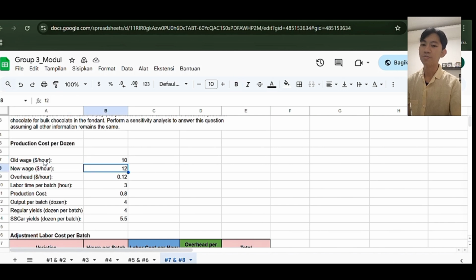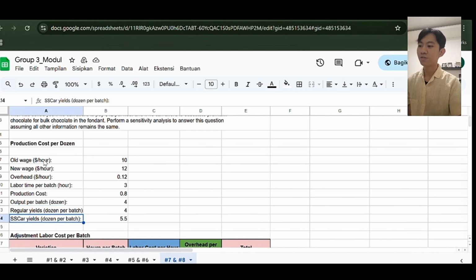The overhead remains the same at $0.12, and labor time per batch is 3 hours. The production factor is 0.8 because 20% of production will be samples, and the output per batch is 4 dozen. For the sea salt caramel, it is 5.5 dozen per batch.